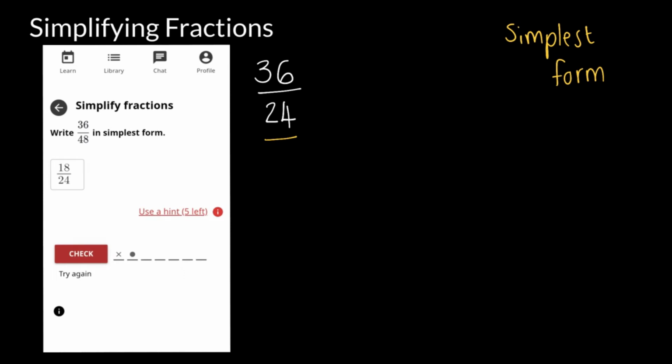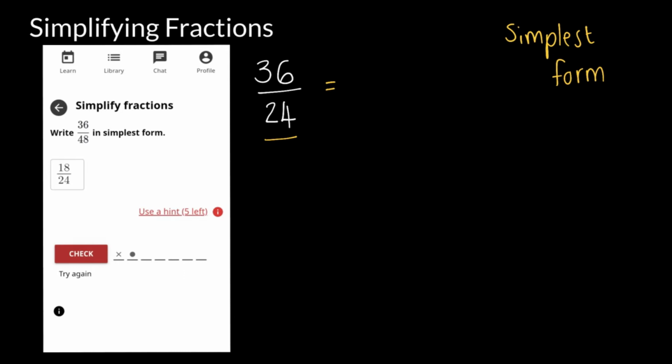So in the case of 36 over 24, we're going to start by dividing, okay? And whatever we divide the bottom by, we have to divide the top by. So we need to make sure we're doing the exact same thing on the top and on the bottom. Let's say for instance, we know we can divide both 36 and 24 by 2.